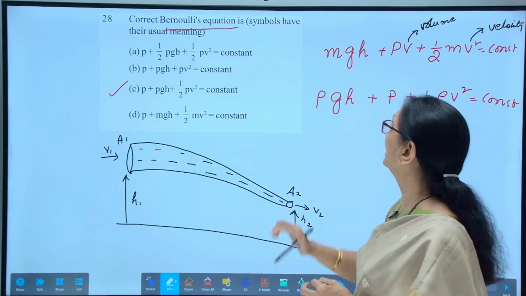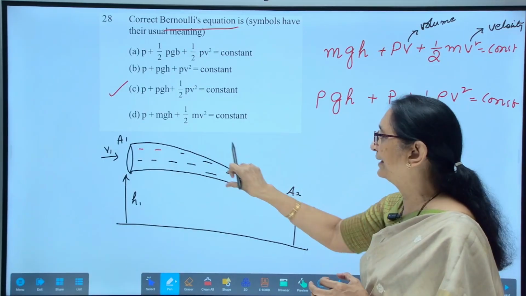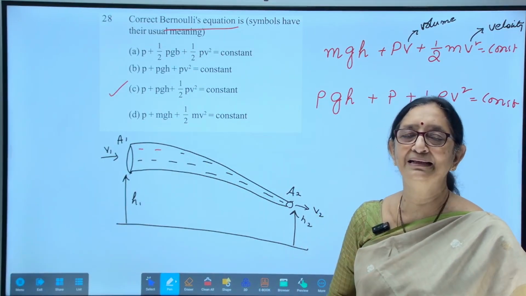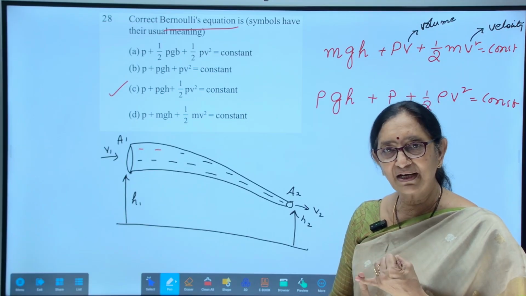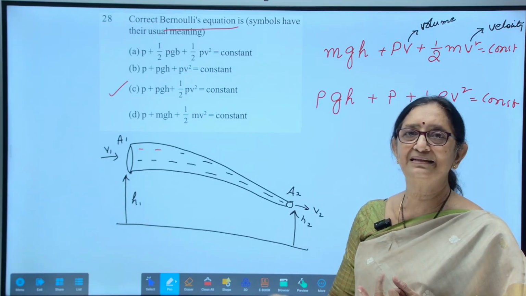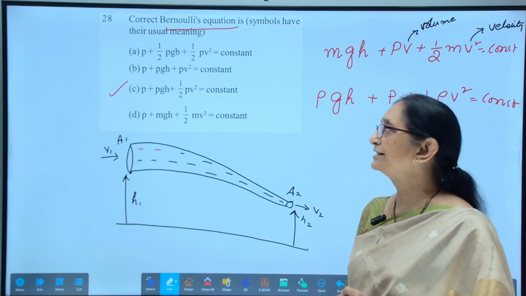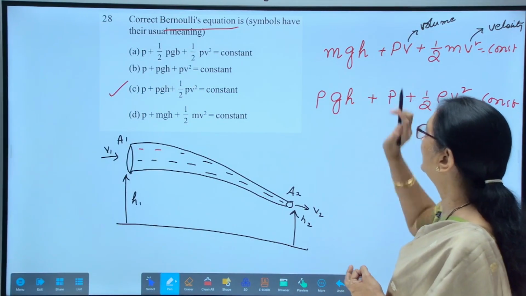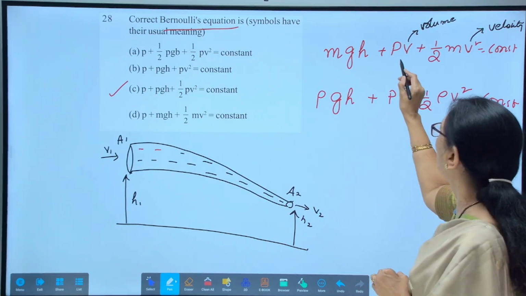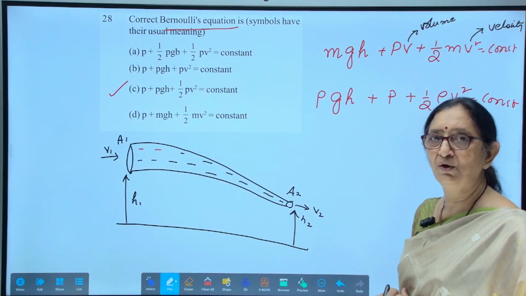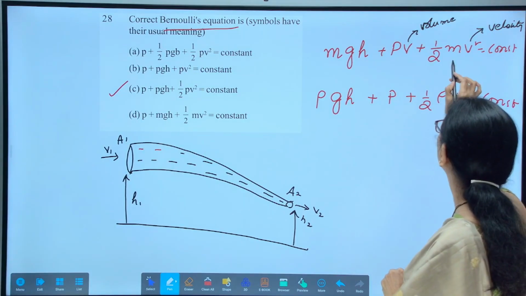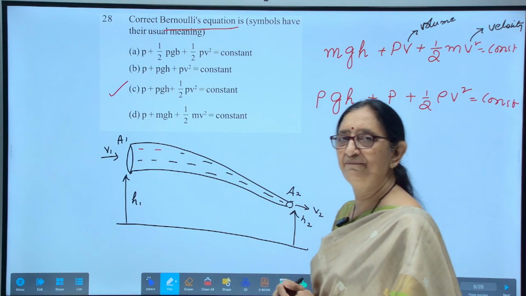In streamline flow, the total energy remains constant. Potential energy plus kinetic energy plus pressure energy remains constant. Potential energy is mgh, pressure energy is pressure into volume of the liquid flowing, kinetic energy is half mv square.